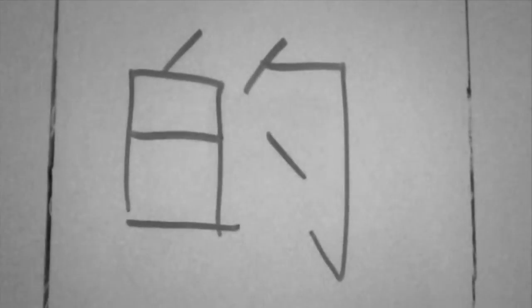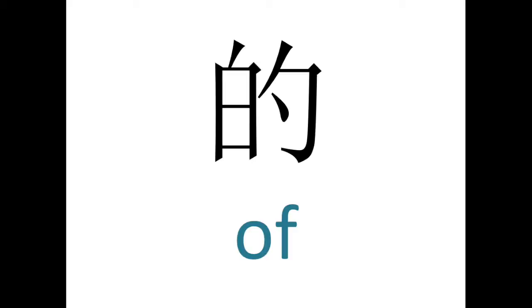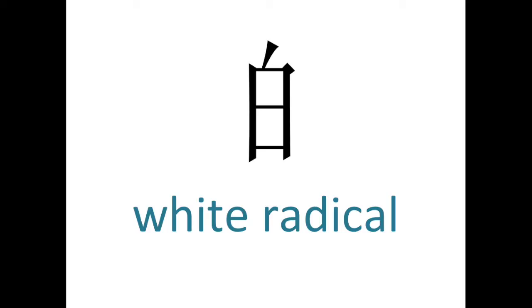The next character we're learning is actually the most commonly used character in all of written Chinese. And it's close to the English word of. They don't necessarily use it in the same order or the same way as we do, but it's basically of. So the part on the left is actually the radical for white. So this is a good way to remember it. A ray of white light is made up of all other colors of light, right? It's made up of the whole spectrum. White is of all those other colors, right?